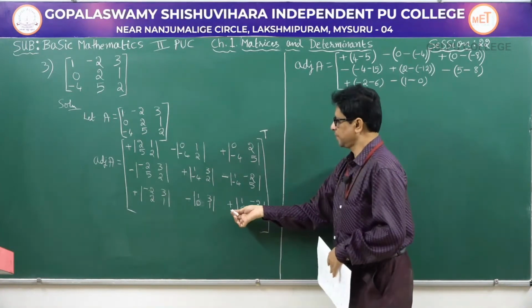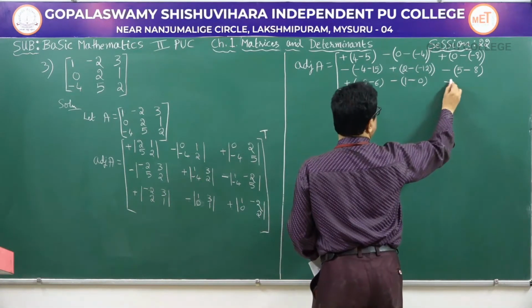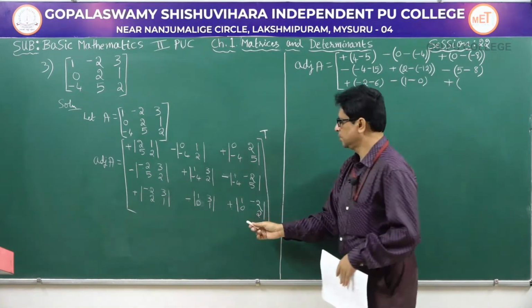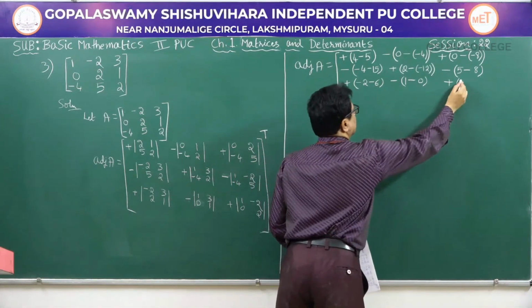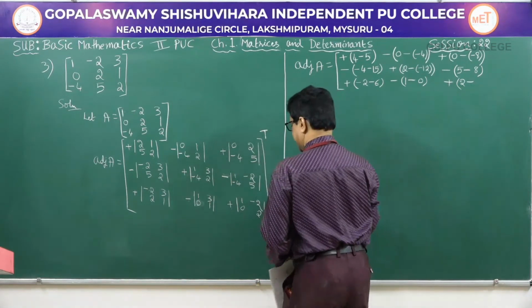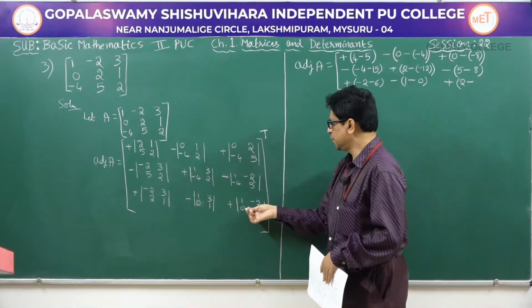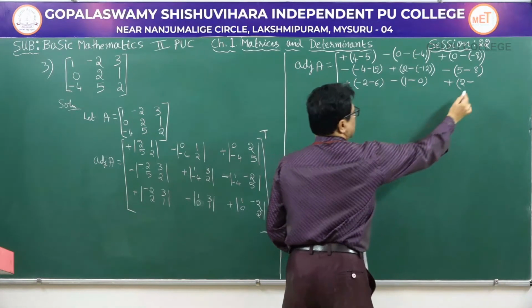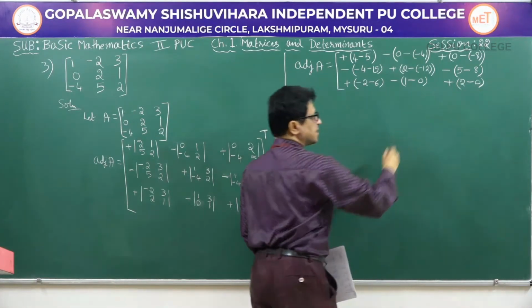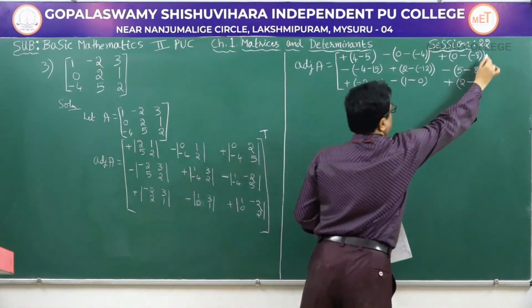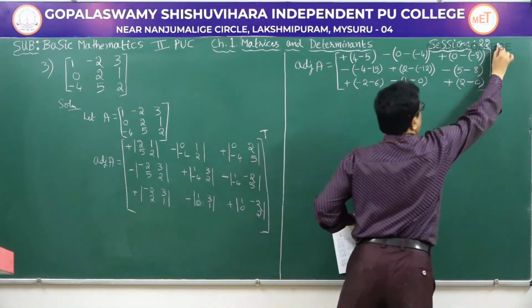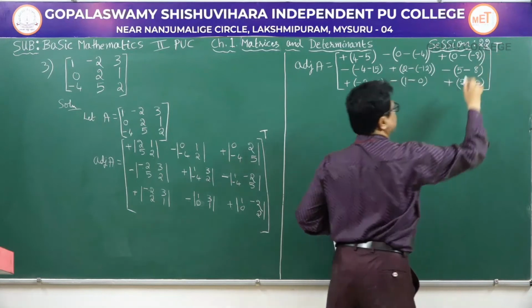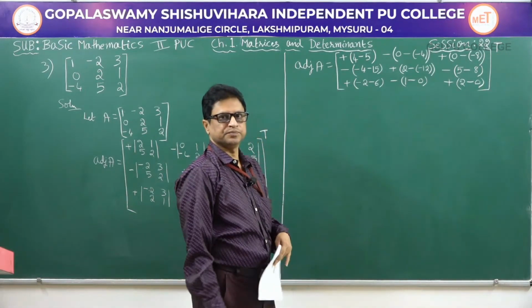Next, plus, so 1 into 2, it is 2, minus 0 into minus 2, it is 0. Next we put T, that is transpose.